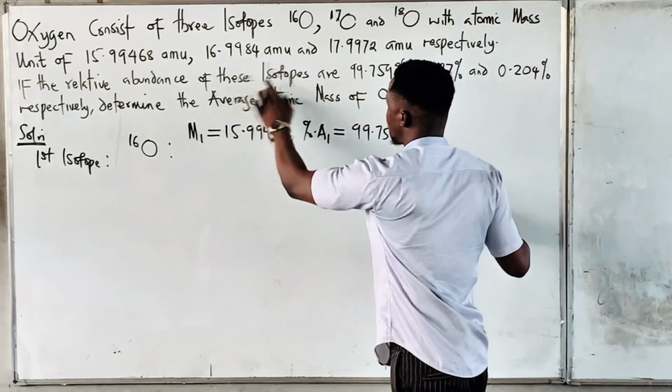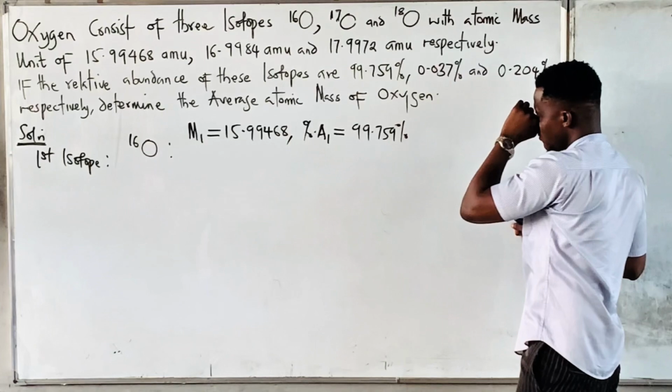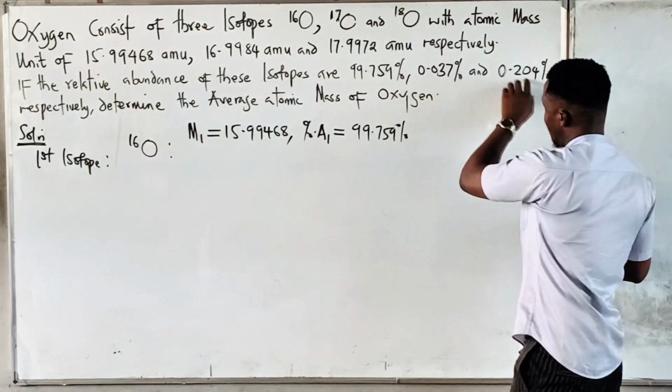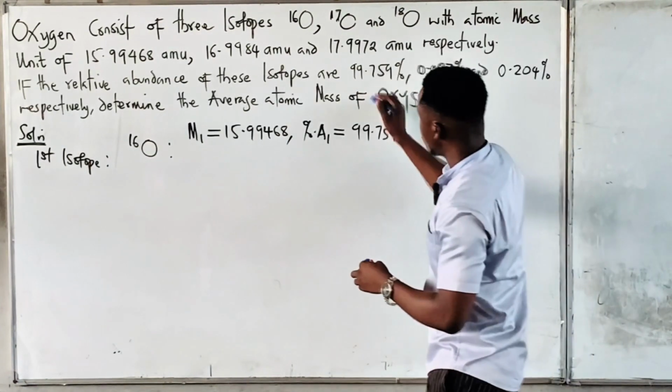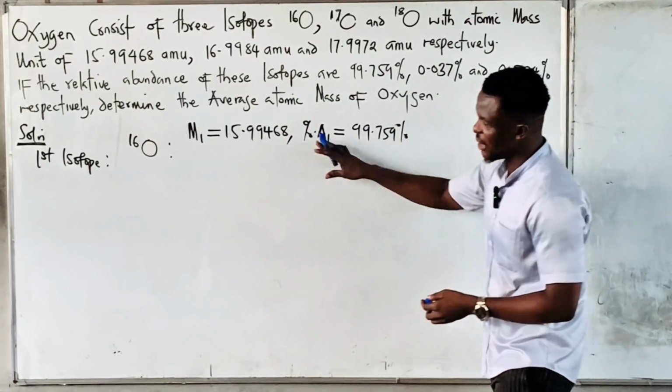Now, if the relative abundance of these isotopes are 99.759, 0.037%, and 0.204. Accordingly, this one is for the first isotope, this one is for the second isotope. So I'm trying to arrange them.